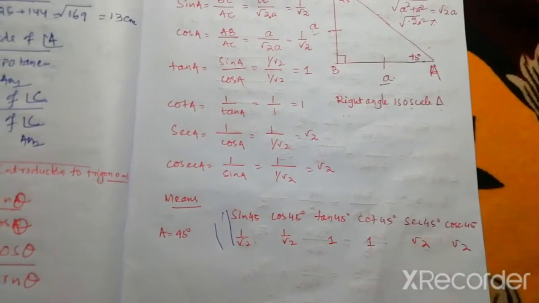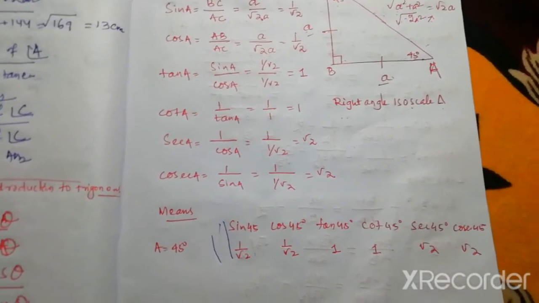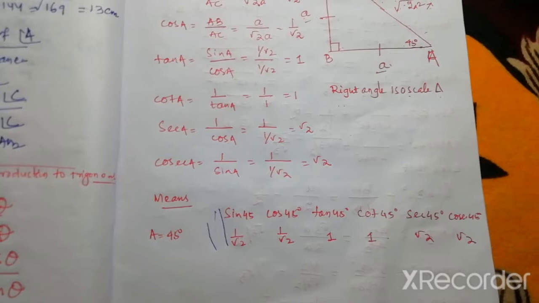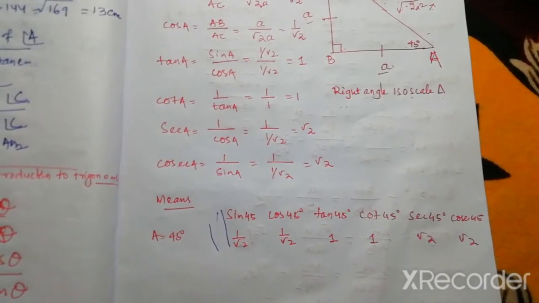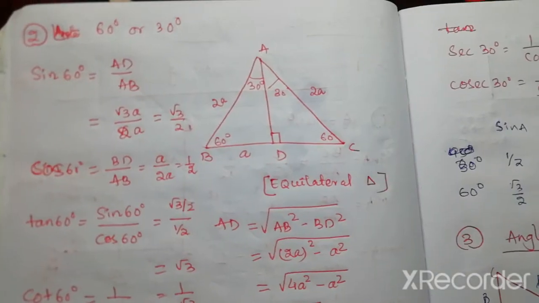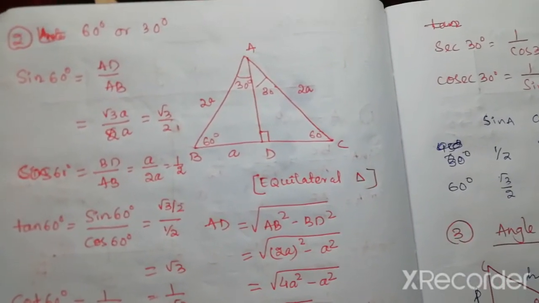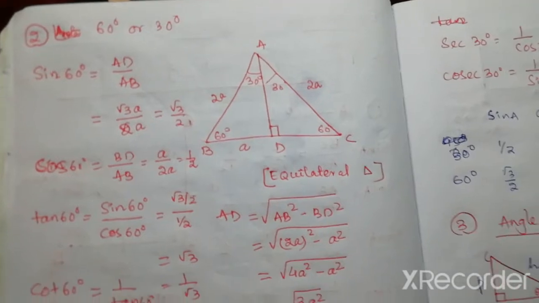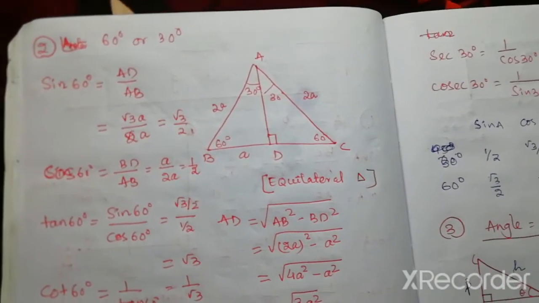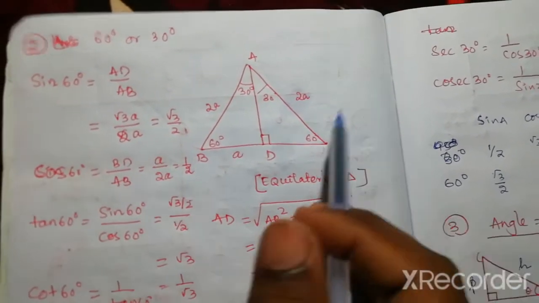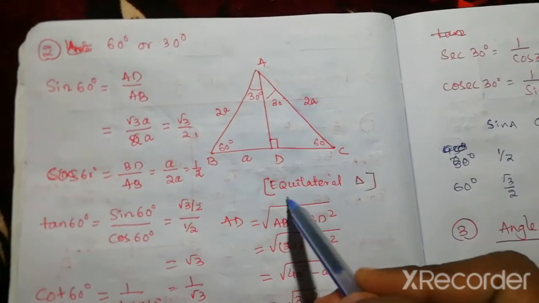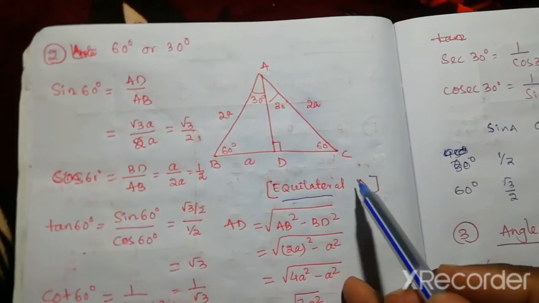Okay. Next, how can we measure 60 degrees or 30 degrees? Look, this is an equilateral triangle.